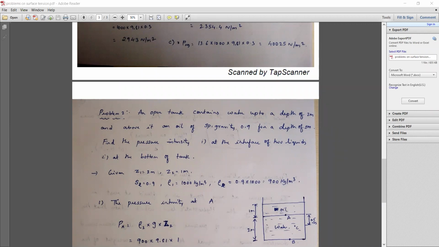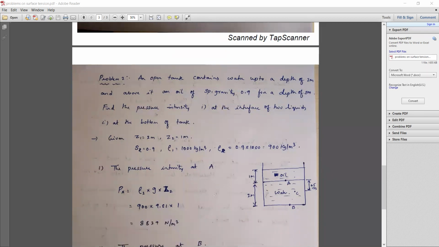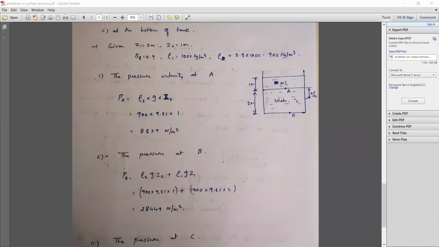Suppose you are going for B, what happens? The total oil as well as the water's weight, specific weight, will be falling on B. So the pressure will be more here. We have to consider both things for point B. That is our next thing: the pressure at the bottom of the tank. If you see the second part, pressure at B is equal to rho g h of this water plus rho g h of this oil.